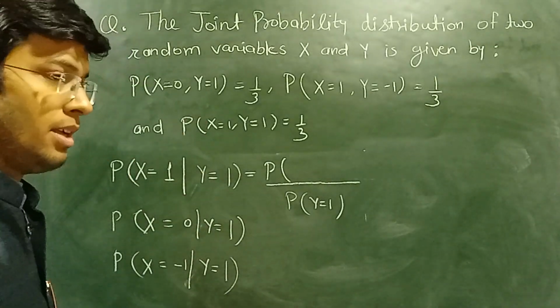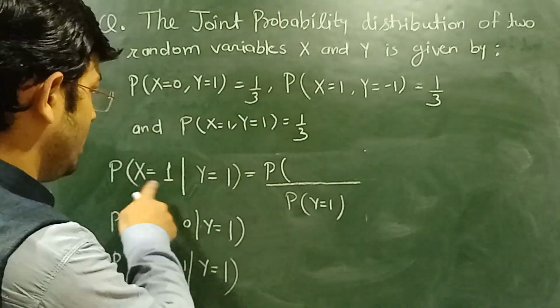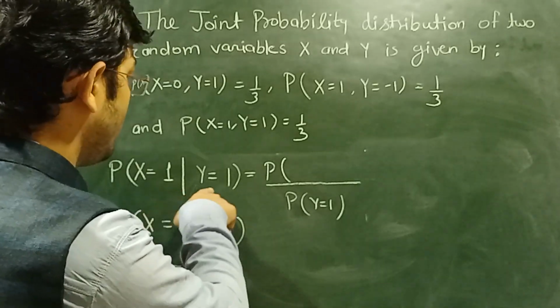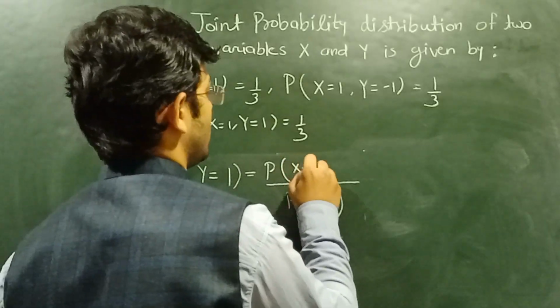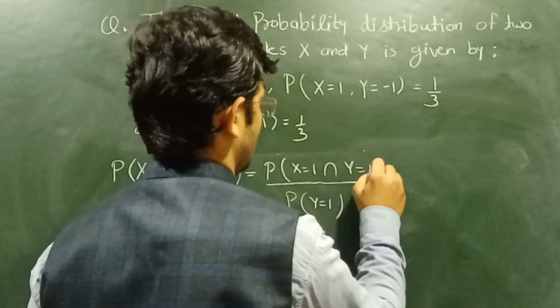So simply we write the first one as x equal to 1 intersect y is equal to 1.